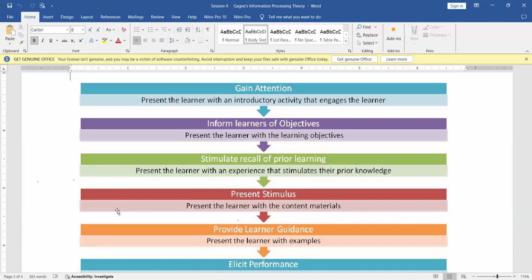But even if it is a grade 1 class, you can tell them, today I want you to be able to name 5 domestic animals. How many? 5. What domestic animals? Then students know this is what I'm supposed to learn.